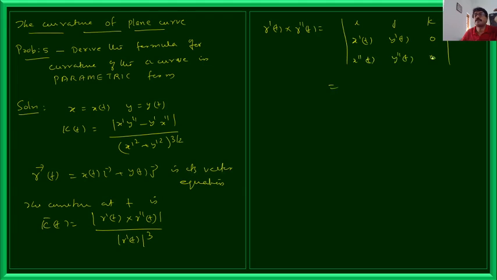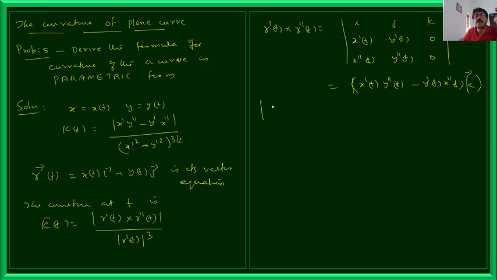Expanding with respect to the last column, we will get this is x dash t into y double dash t minus y dash t into x double dash t, into k.